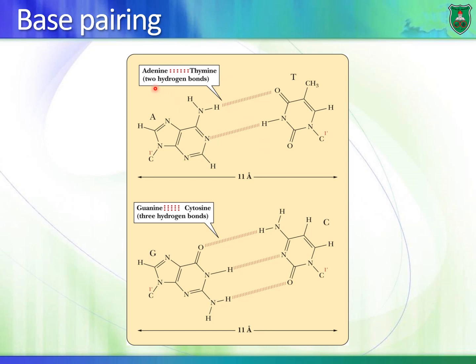The base pairing between the adenines and the thymines is via 2 hydrogen bonds. Whereas with guanines and cytosines, it's 3 hydrogen bonds. And this has very important implications when it comes to the stability of the DNA molecule. Now, you don't really have to know how they are paired chemically. Just know that 2 for A and T, 3 for G and C.